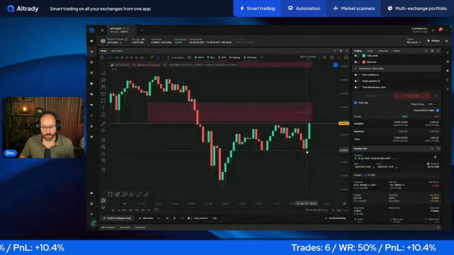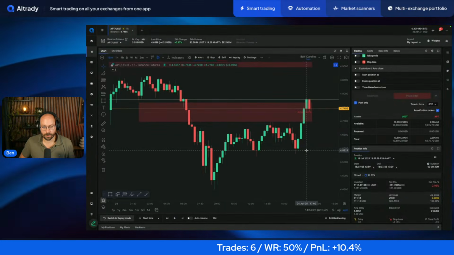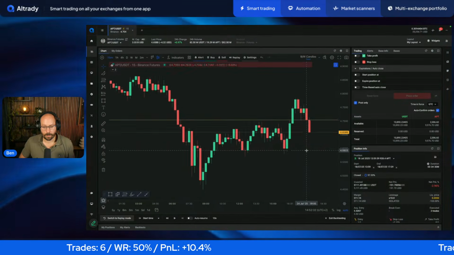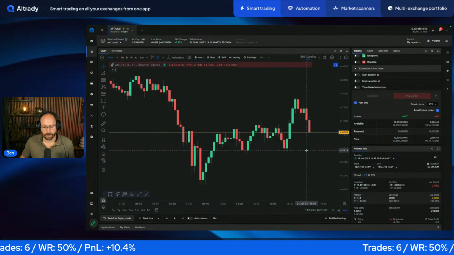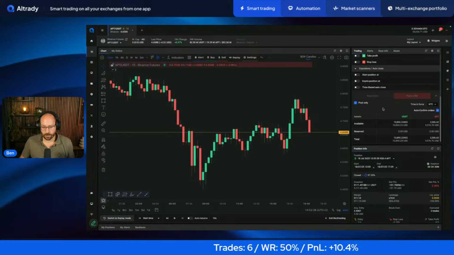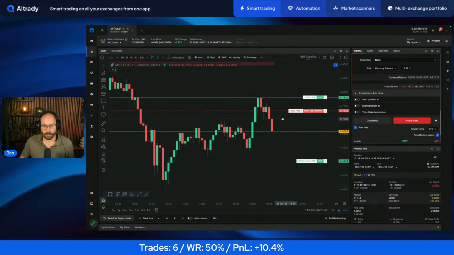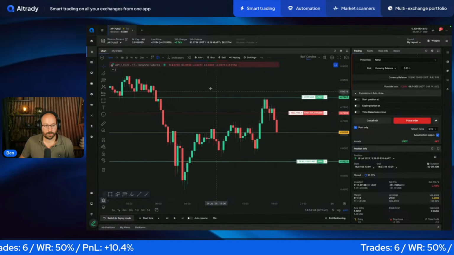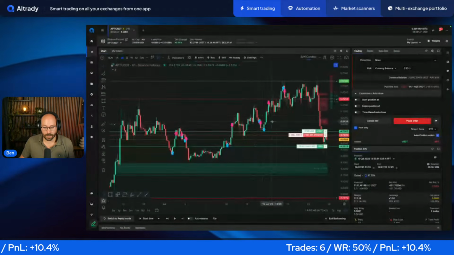That's the entry. That's even further. Close below this, so technically we could say we can enter a short right here. Go to 4 hours.